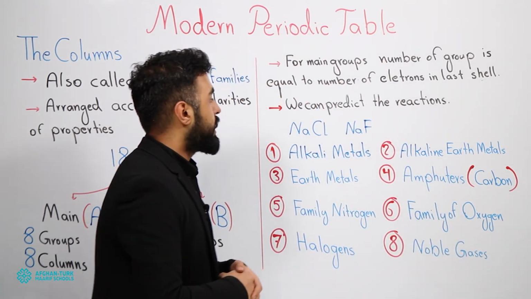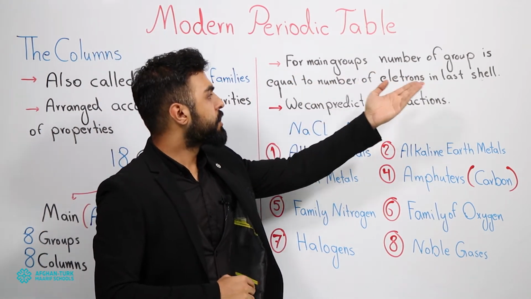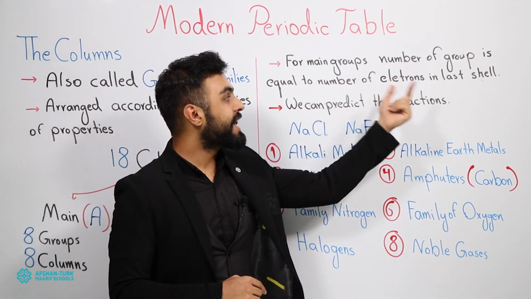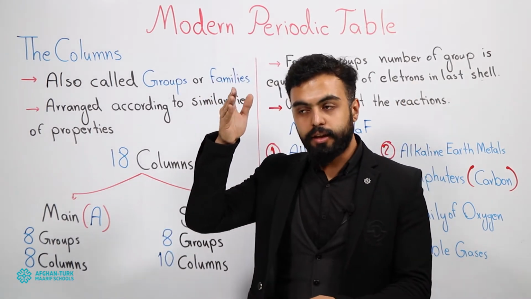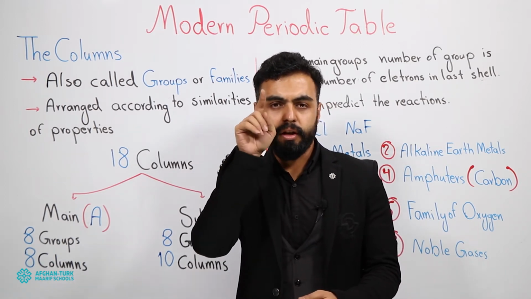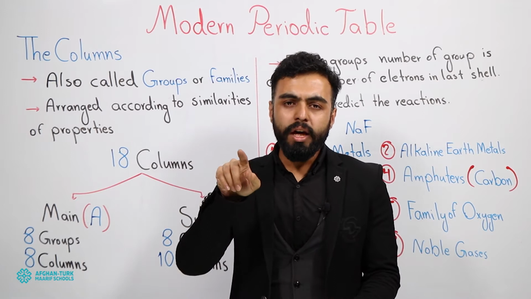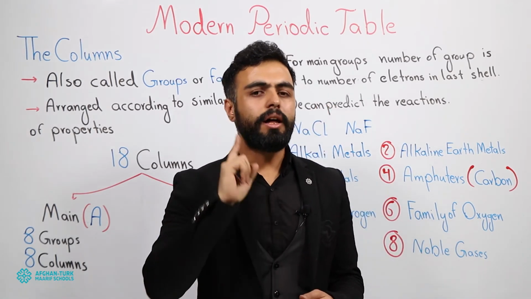Now, let's go to the next part. For main groups, the number of the group is equal to the number of electrons in their last shell. For example, those elements located in the first group, because they are the first group, all have only 1 electron in their last shell.